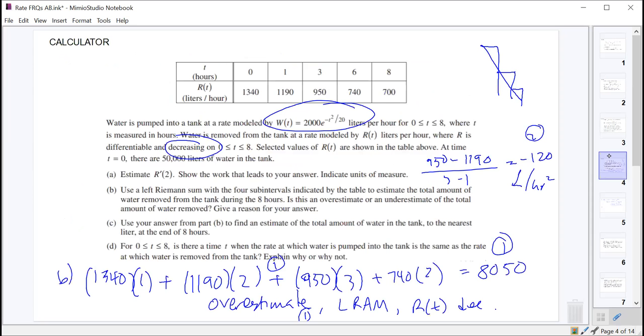All right. Then part D, we want to know, is there a time when the rate at which water is pumped into the tank is the same as the rate at which water is removed from the tank? So how would we go about that one?